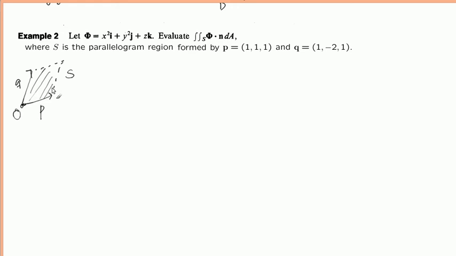All right, what is the number one thing we have to do? What's that? Parameterize, is that what you said? Yeah, parameterize S, right? With a little s and a little t, and write down where s varies from and to, and where t varies from and to. Once you have a parameterization, what is the next thing we usually have to compute? Just be ready to calculate the integral directly.